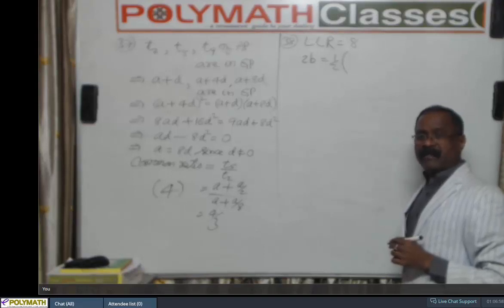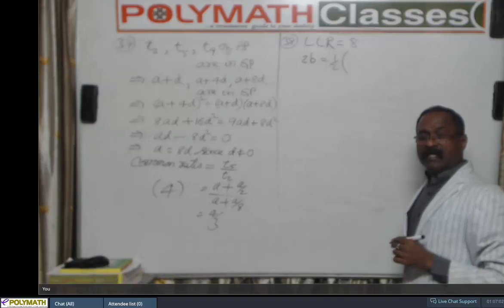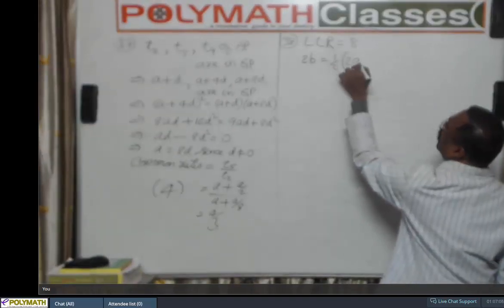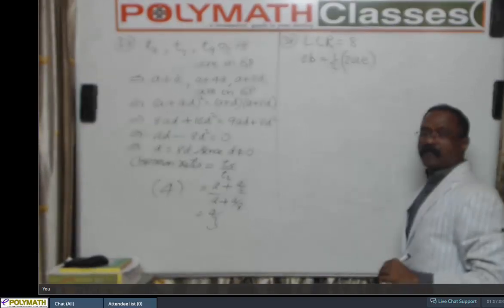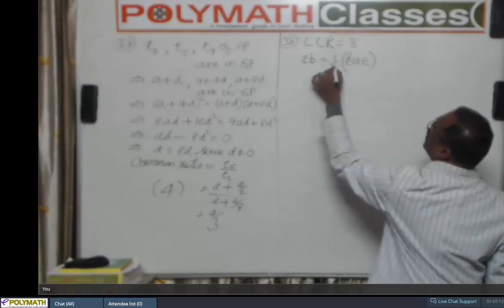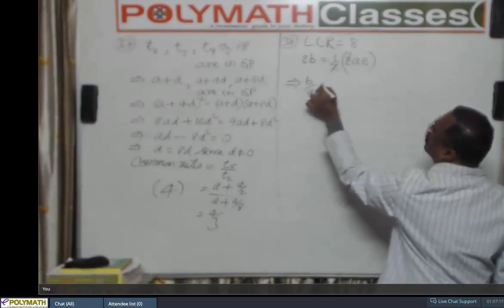In the standard hyperbola, the distance between the foci is nothing but 2AE. Now, this 2 gets cancelled, of course, and you write it as B by A is equal to E by 2.